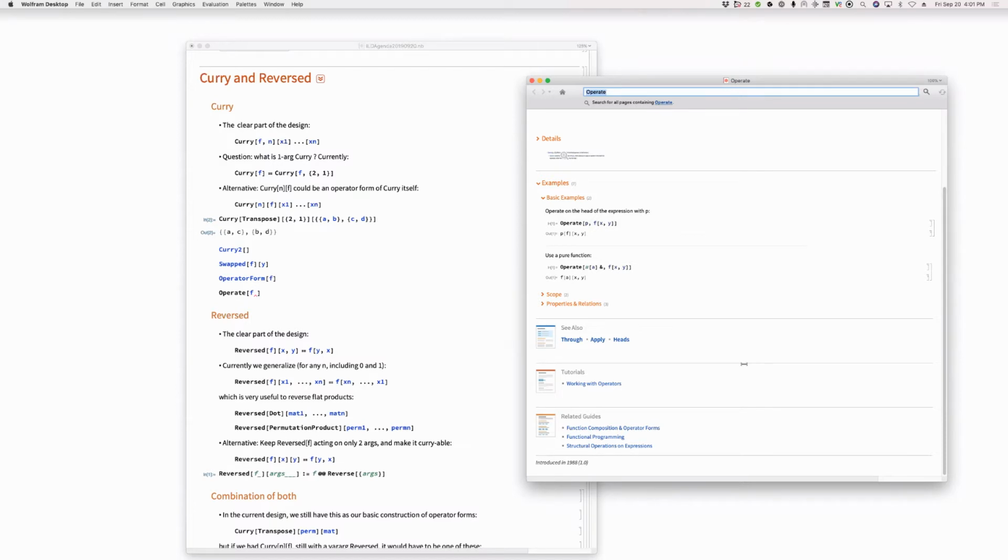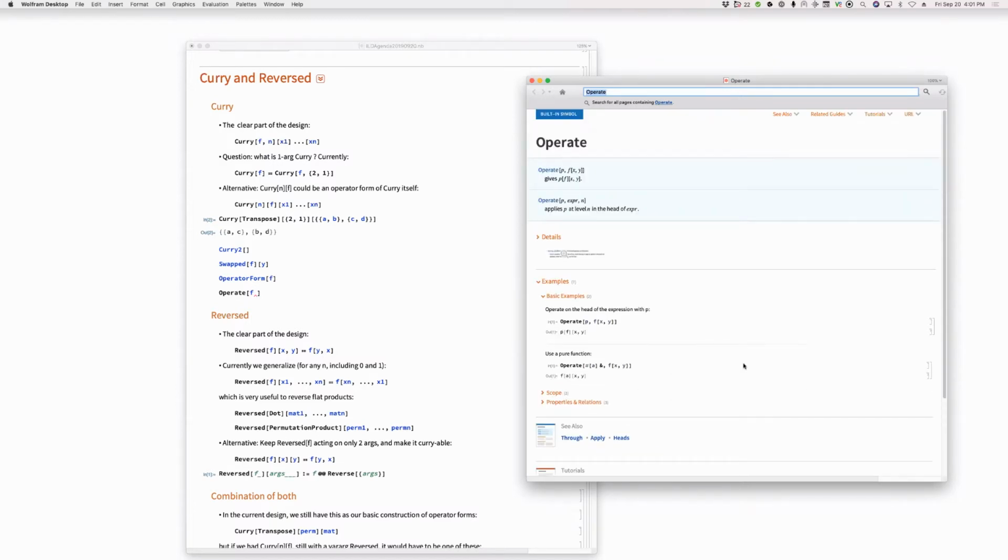Yeah, the way I remember this function is by changing to map at head. Maybe we should call it map at head and retire operate after long service of 30-something years. Because I agree that I will never remember this thing. I mean, I didn't remember it.